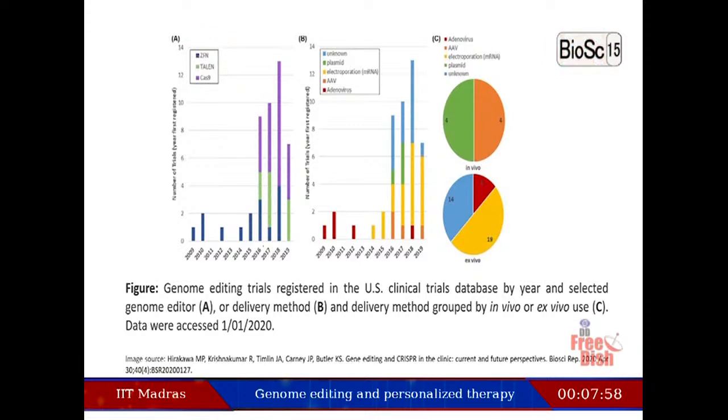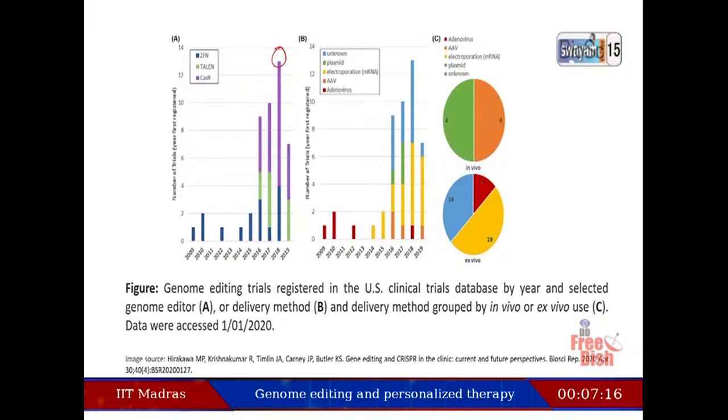And you can see for the first time the appearance of TALEN and CRISPR-Cas9 technology trials in 2016, and over the years the number of Cas9 trials picking up, somewhere in 2018 and almost similar in the other years, while the number of TALEN trials is also significant, and of course there is none reported in the year 2018.